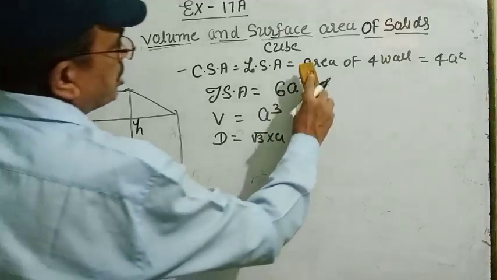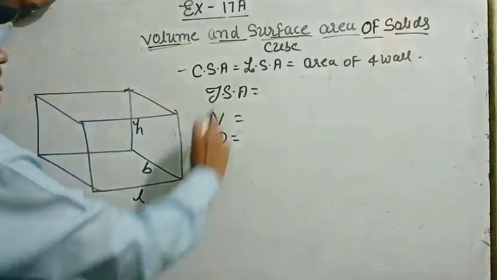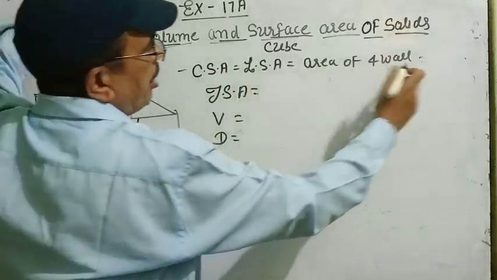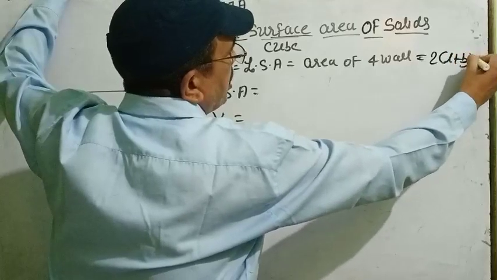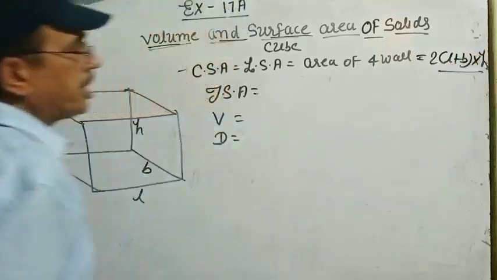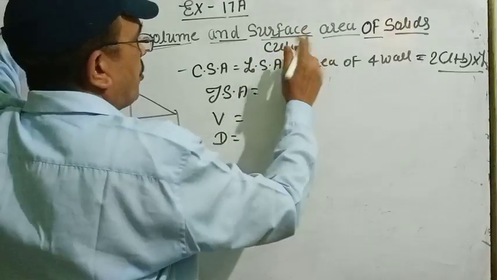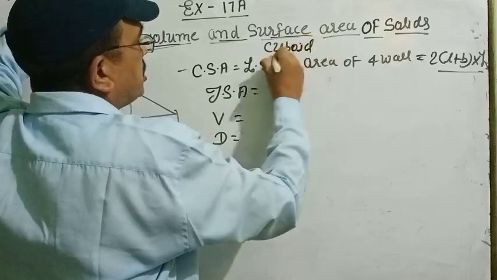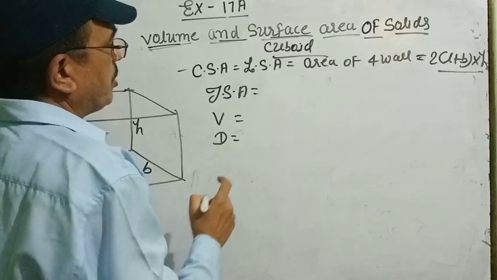So it also has formulas. The CSA, the lateral surface area, the area of four walls, is equal to 2 into (l plus b) into h.